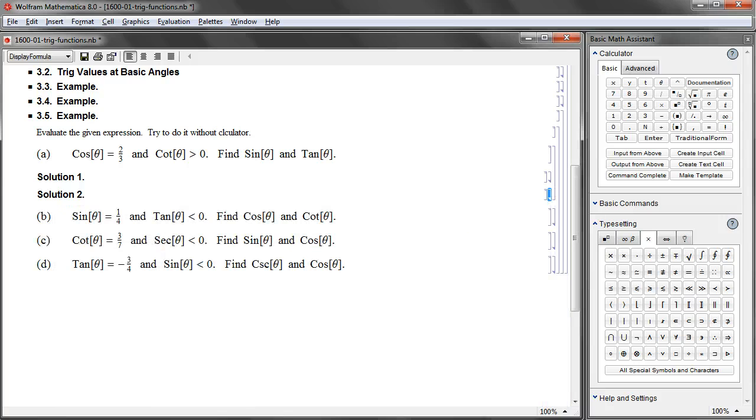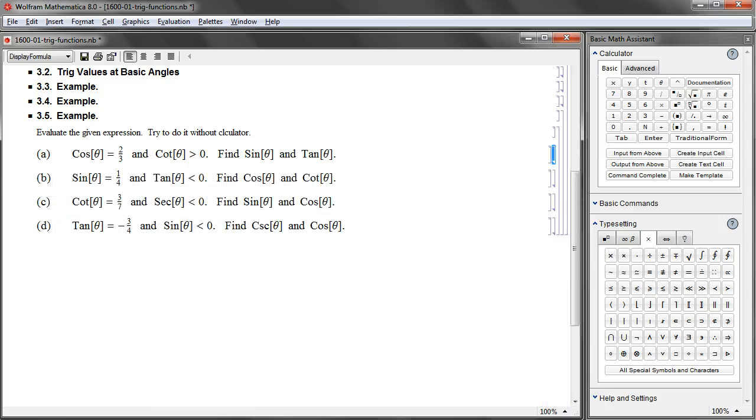Let's do this just once more. How about this problem? Cotangent is 3/7, so that's positive. Secant is negative, so cosine is negative. What quadrant is it? Not first. And cotangent is positive, so tangent is positive. You're looking at the third quadrant.